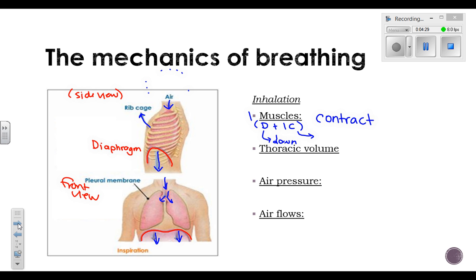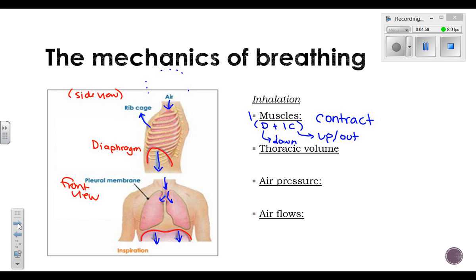The intercostal muscles, which are the ones between your ribs, move your rib cage up and out. So when these muscles related to respiration contract, it moves things. So diaphragm goes down, intercostals move your rib cage up and out.